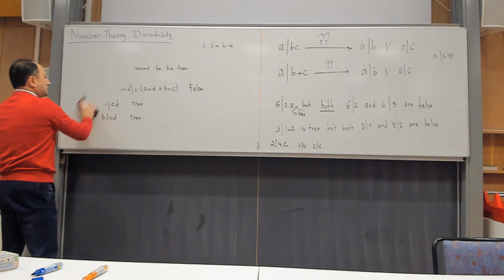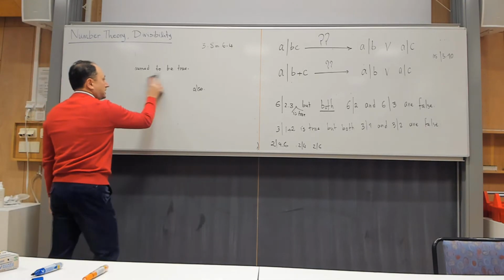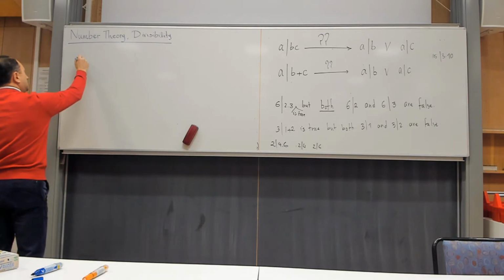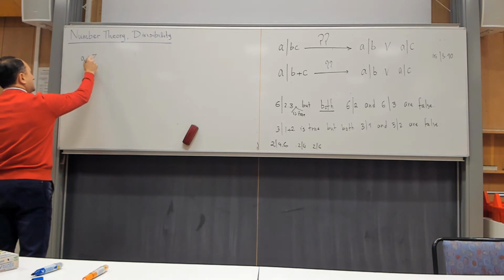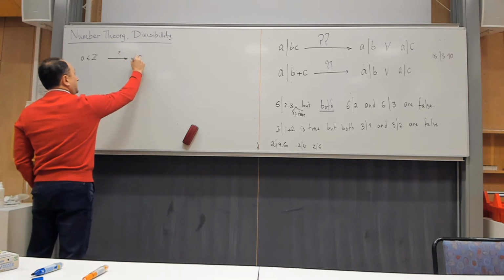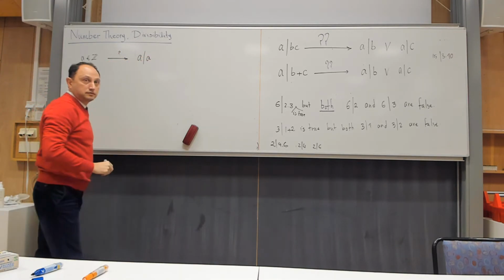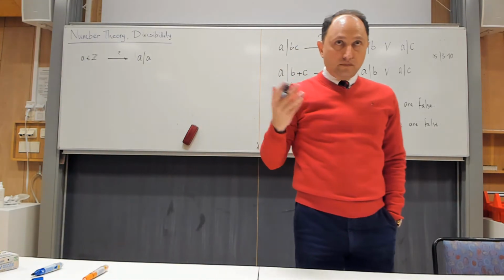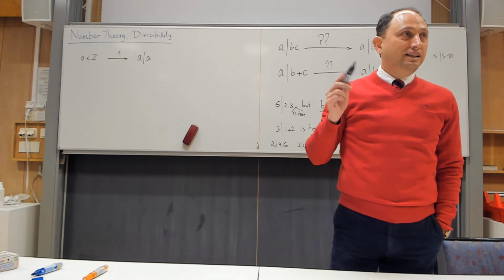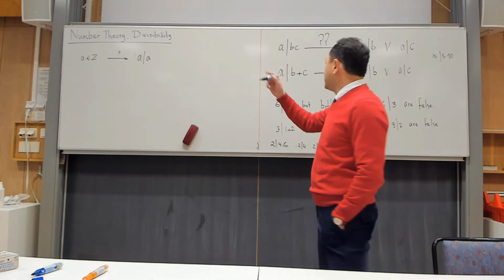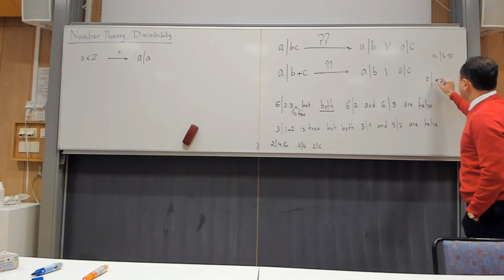There are some rules that you can always be sure about. So let me ask you, A belongs to Z, okay? Can I conclude that A divides itself? Yes or no? Yeah, this is true. Even in the case A is 0, that is still true, because we showed this before.